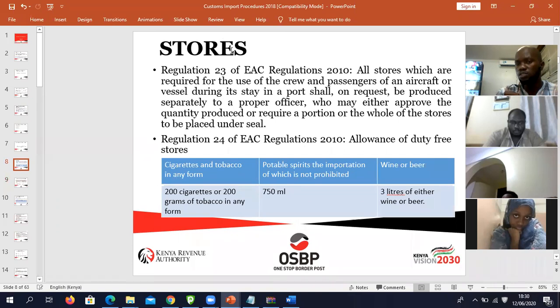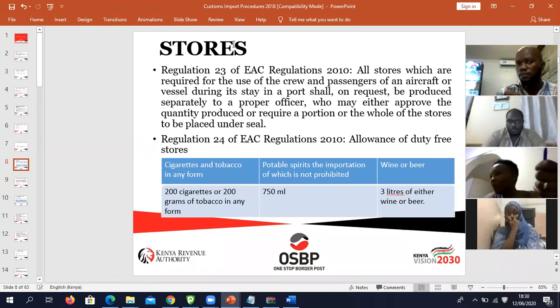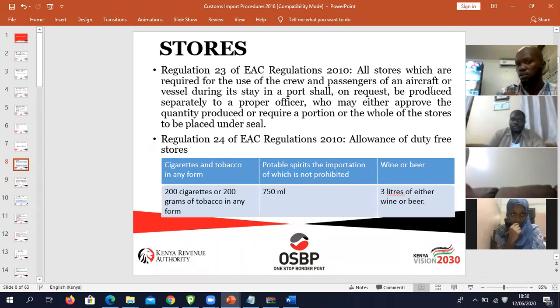So we've already understood what stores are, isn't it? Stores constitute those consignments that are meant to be used by the crew or passengers within the aircraft or vessel, and therefore the officer may need to assess and determine and even put them under seal.